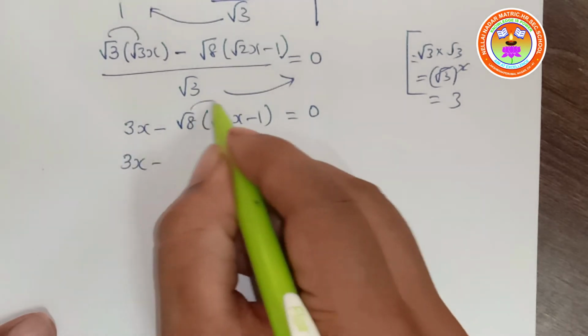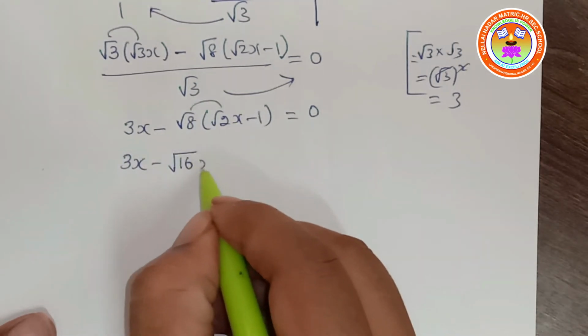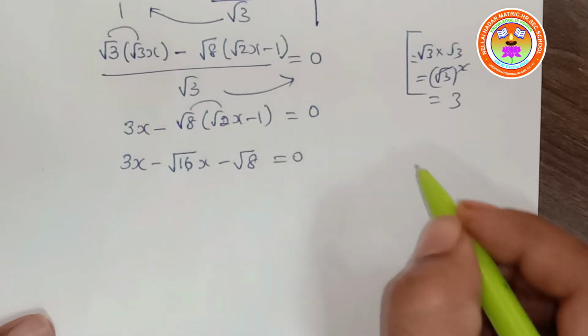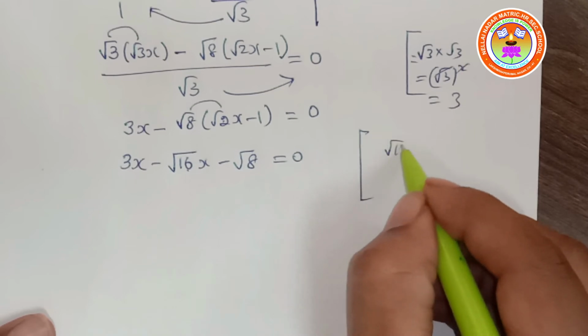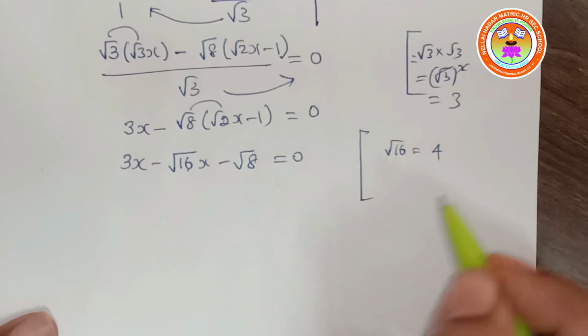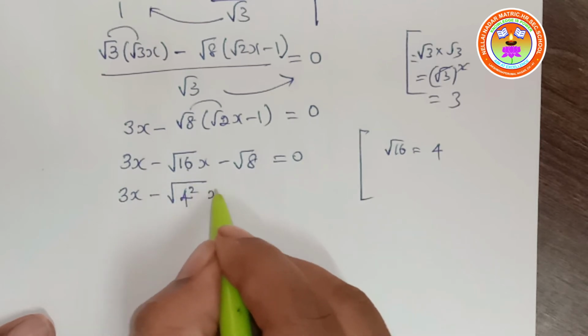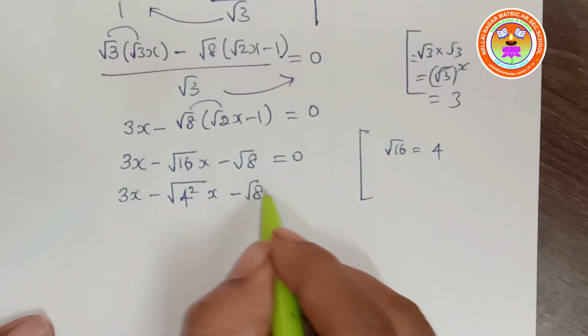Now 3x minus root 16x, 8 into 2 is 16x minus root 8 equal to 0. Root 16 is 4. So 3x minus root of 4 square into x minus root 8 equal to 0.